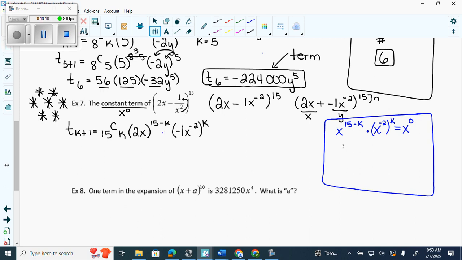So I have x to the 15 minus k, times x to the negative 2k has to equal x to the 0. Yes? Now when these have the same base, what do I do with those exponents? We talked about it on the previous page. You add them. So I can put this together as x to the 15 minus 3k.